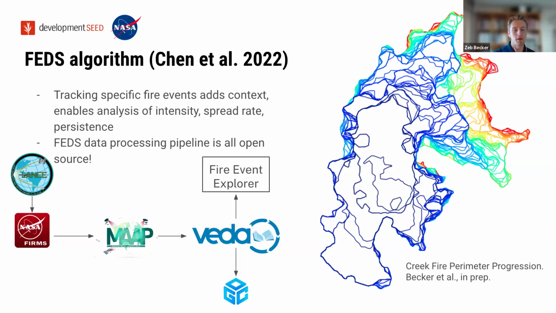One of the really cool things about this is that the entire FEDS data processing pipeline is all open source. So everything from the actual code that my team writes, which is available publicly on GitHub, to the code underlying the hybrid cloud data processing system that we use to crunch these numbers, to the database and APIs that make this available to the public, all of that code is on GitHub, which is a really great example of NASA's investments into open source science.